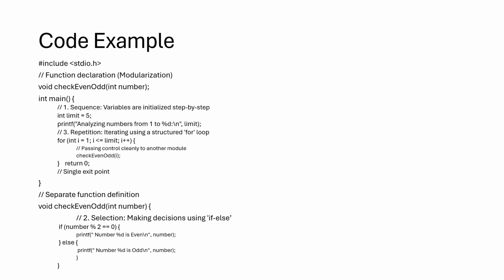Once the limit condition is reached, it comes out of the for loop. We have specified return 0, which means that main is a function with return type int, so we are supposed to return a value from that main function. We specify the return as 0 and it has a single exit. So we start with a single main function, a single entry, and we end with a single exit point.